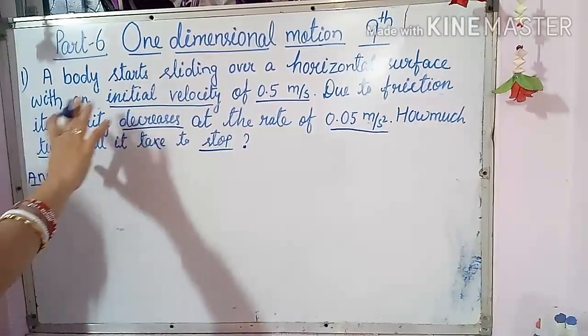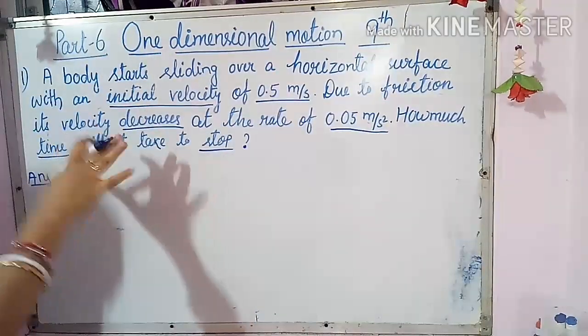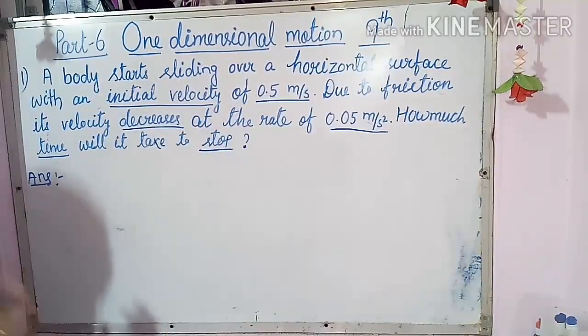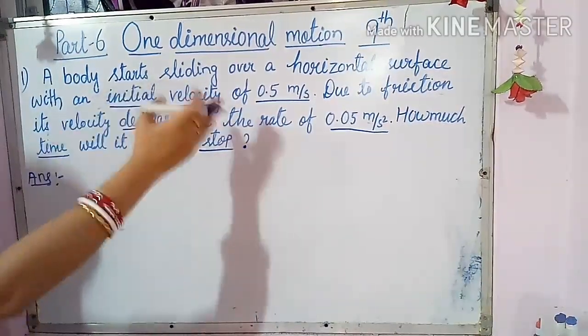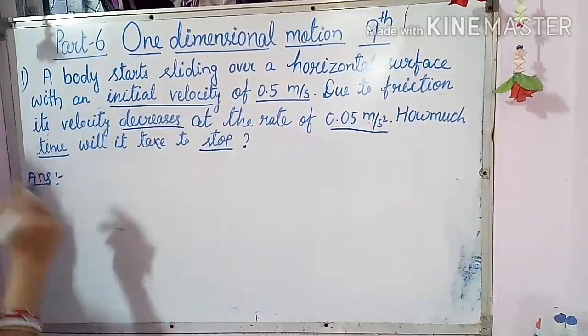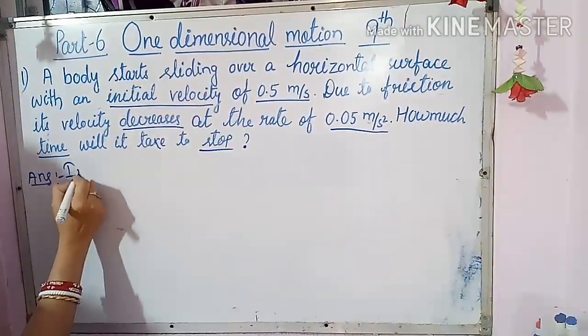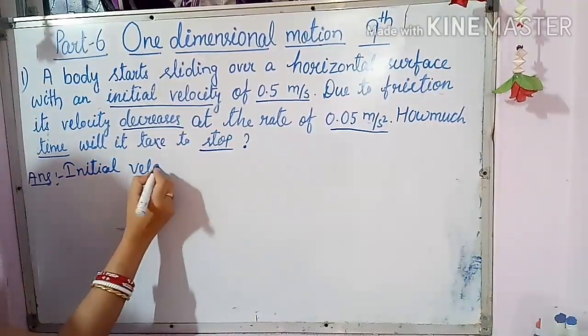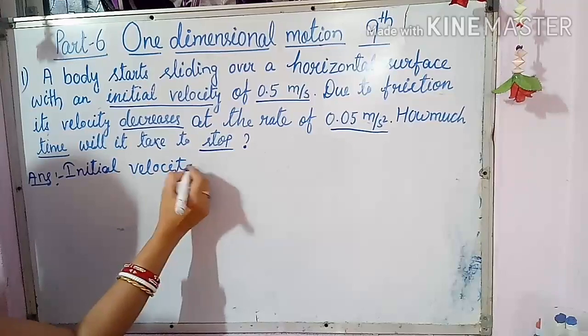Now you can do whatever the question has given. No need to write it in full, only the keywords that we need. We need the initial velocity, which I have already underlined; you can also underline in your exam. So what is the initial velocity? You write it, the initial velocity. What is the symbol?